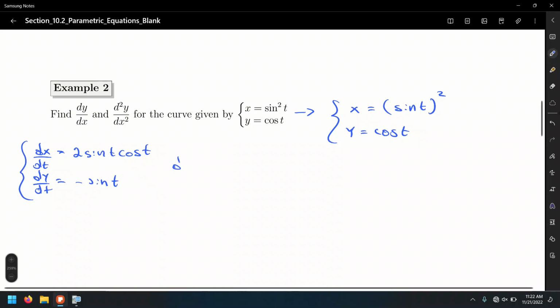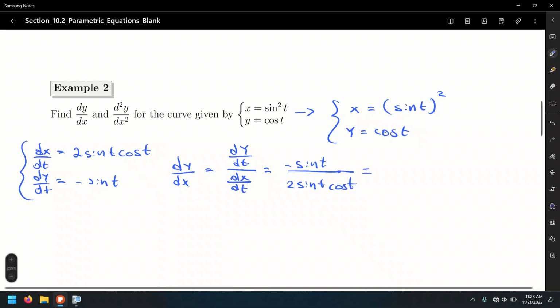So dy/dx, which is the quotient of two derivatives with respect to t. That is dy/dt over dx/dt. So dy/dt, which is negative sine t, over 2 sine t cosine t.